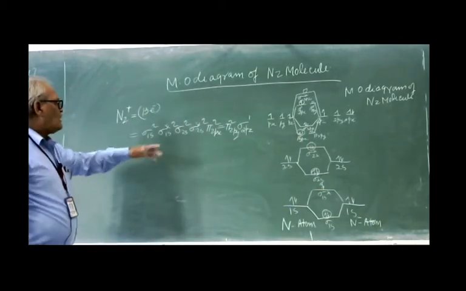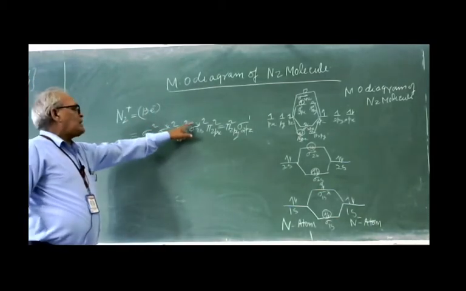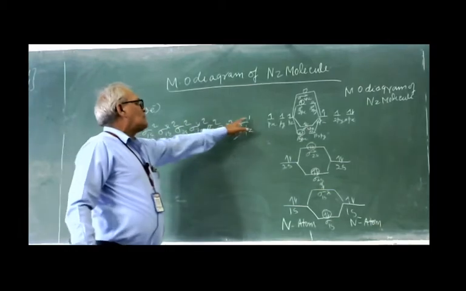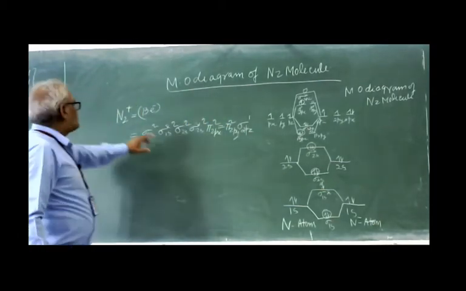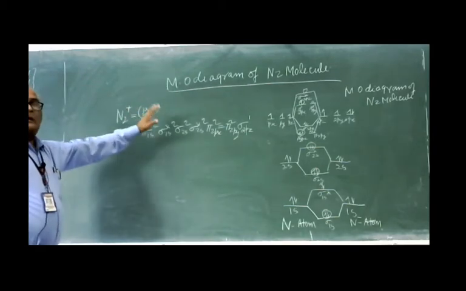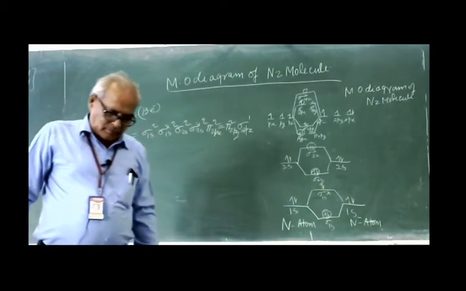Just count it: 2, 4, 6, 8, 10, 12, 13. So this is the electronic configuration of the N2 plus molecule ion.